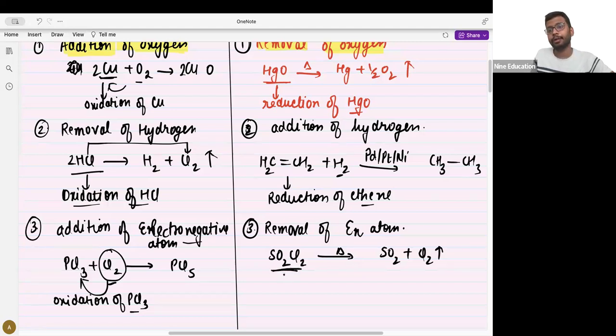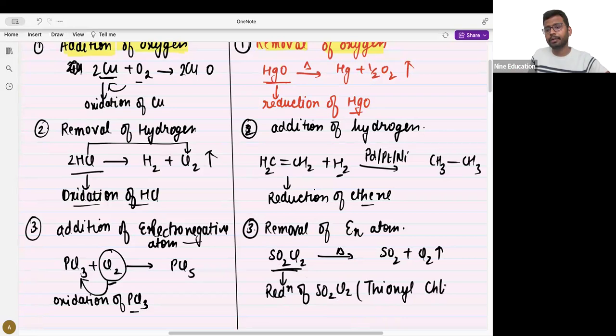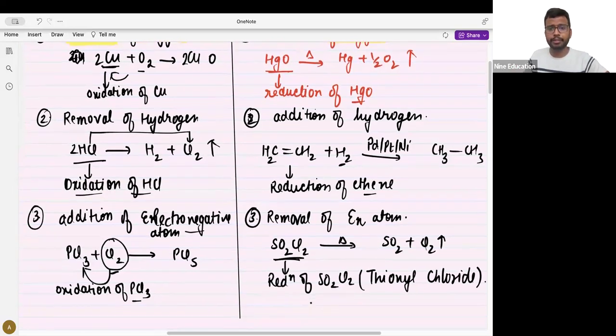We have learned this in haloalkanes, the thionyl chloride reaction. So this is also reduction of SO2Cl2, beta. We also call this thionyl chloride.